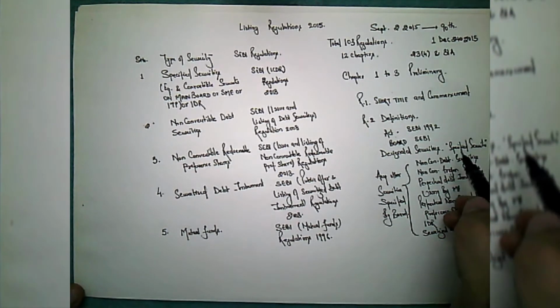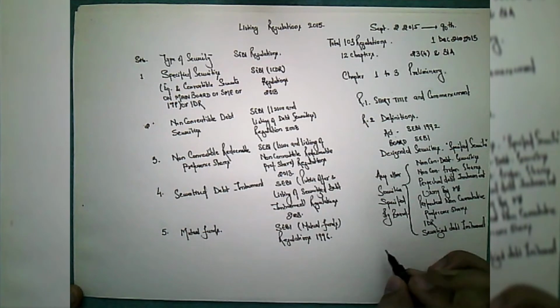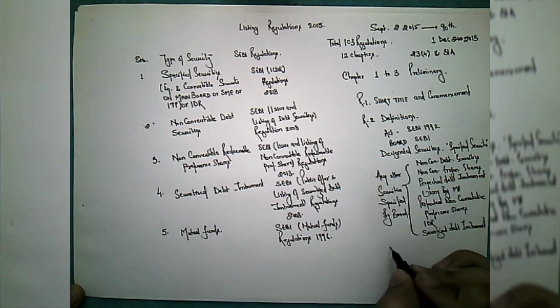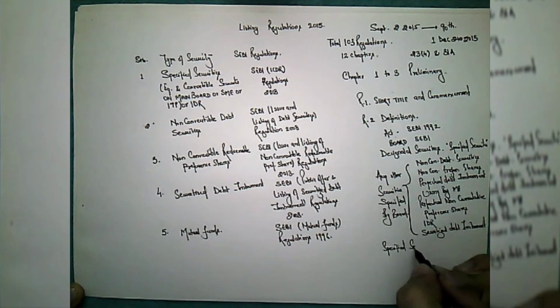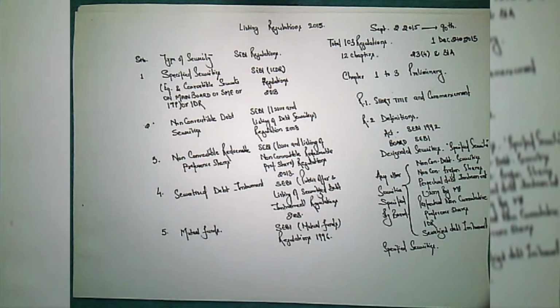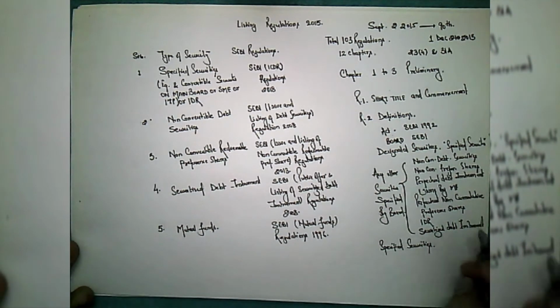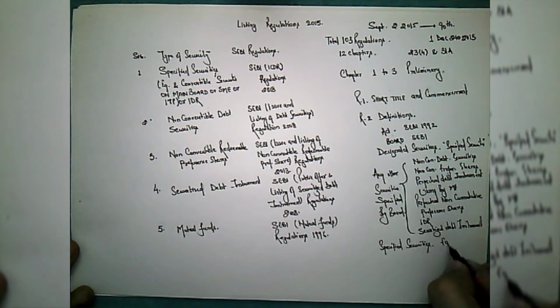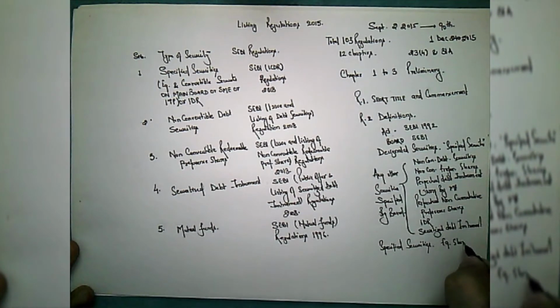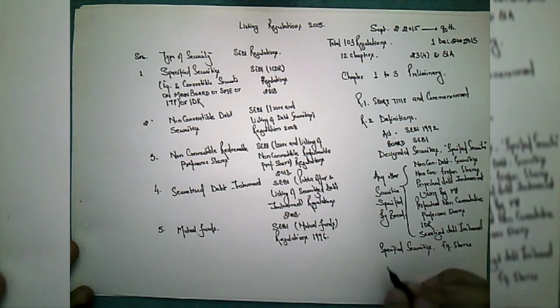Then specified security, under the definition, it also describes specified securities. Specified securities means equity shares and convertible securities. That is equity shares and convertible securities.